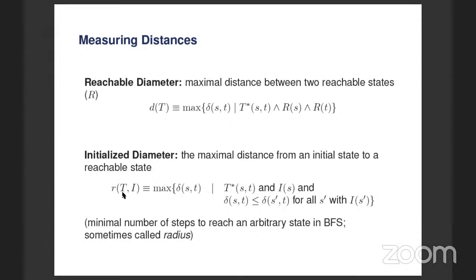So given a transition relation of a Kripke model and a set of initial states, the initialized diameter is the maximal distance to any state that is reachable from any of the initial states.